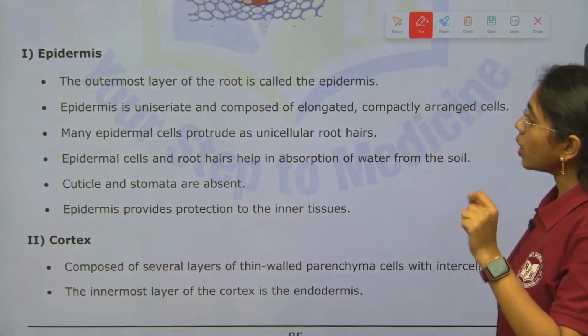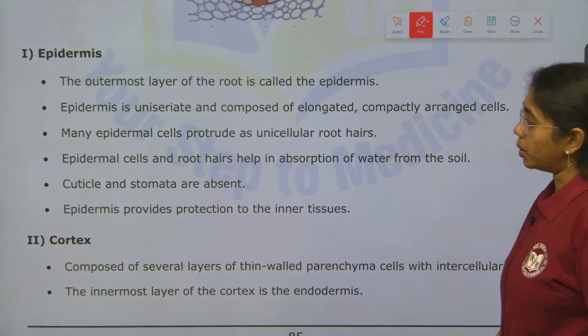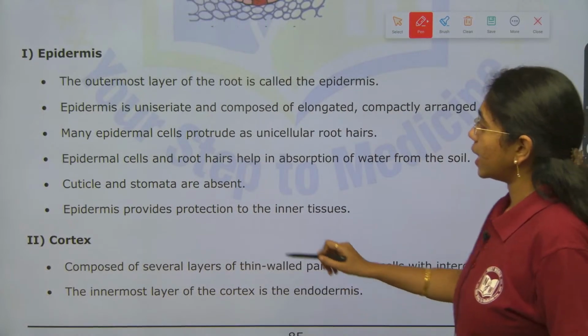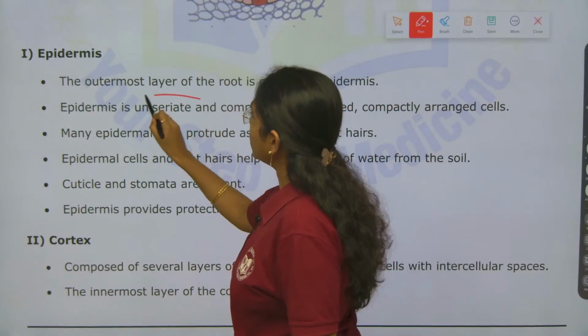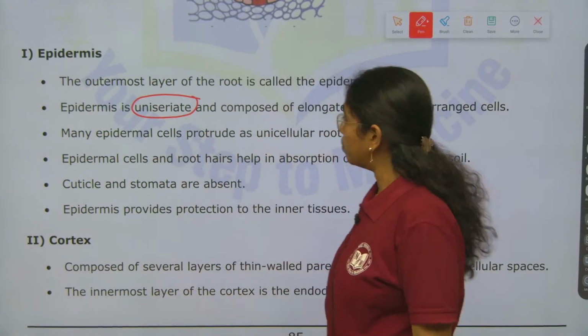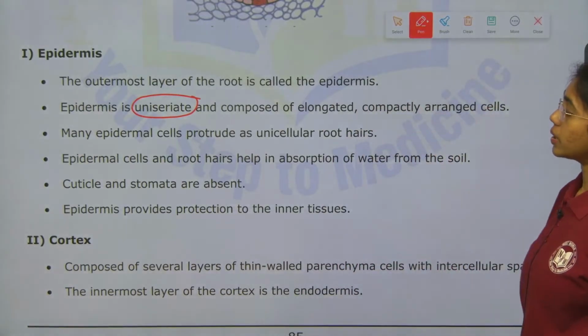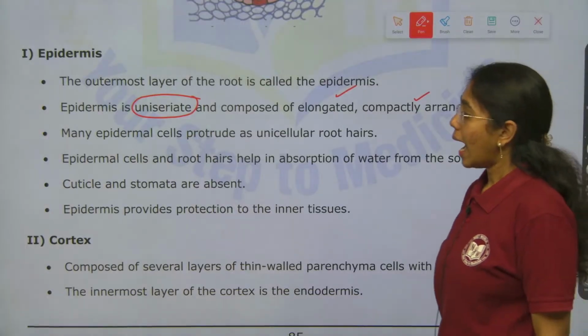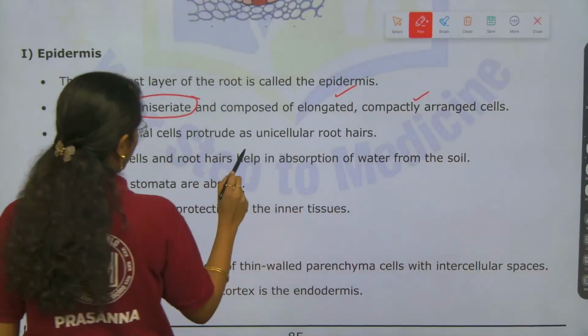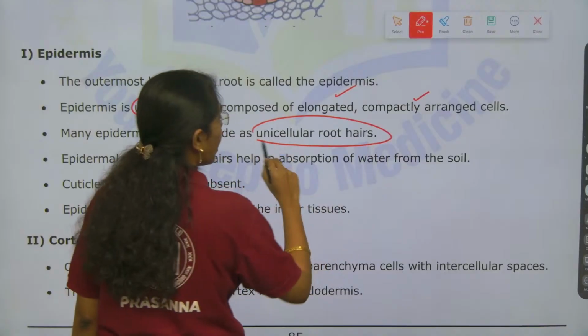So here you see epidermis. The outer layer of the root is called what? Epidermis. Epidermis is uniseriate, which means single layered epidermis. It is composed of elongated, compactly arranged cells, and many epidermal cells will protrude as what? Unicellular root hairs.